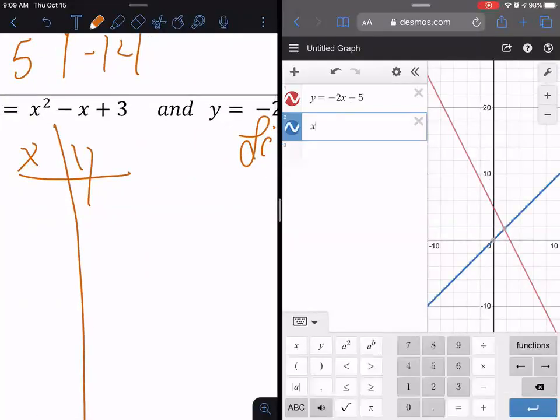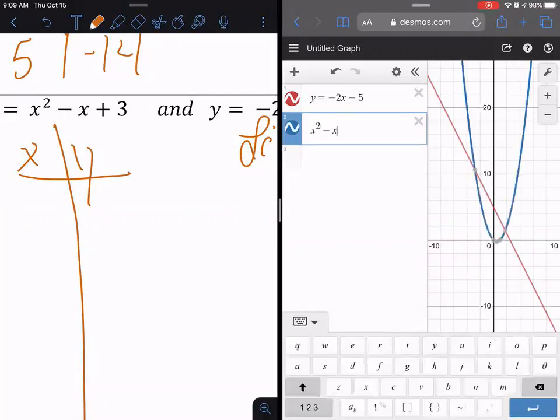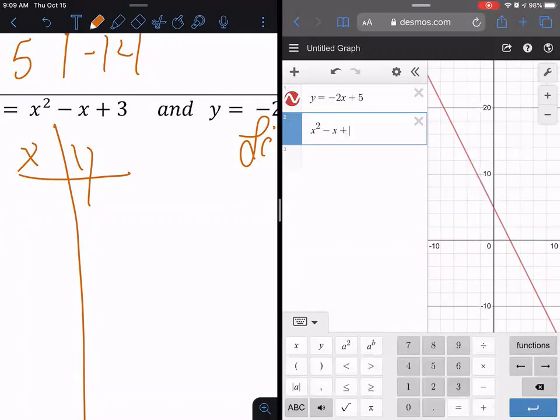So x squared minus x plus 3. I got to tell you, to my online learners, people who take the test at home or on the computer, it blows my mind that there is a website called Desmos Graphing Calculator, and I still get incorrect graphs.